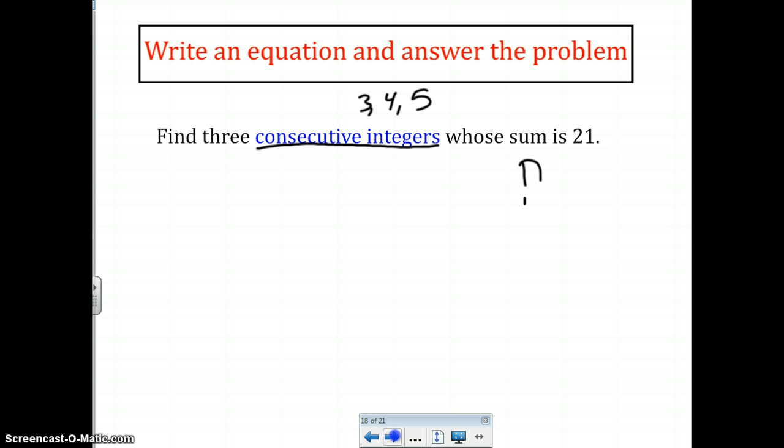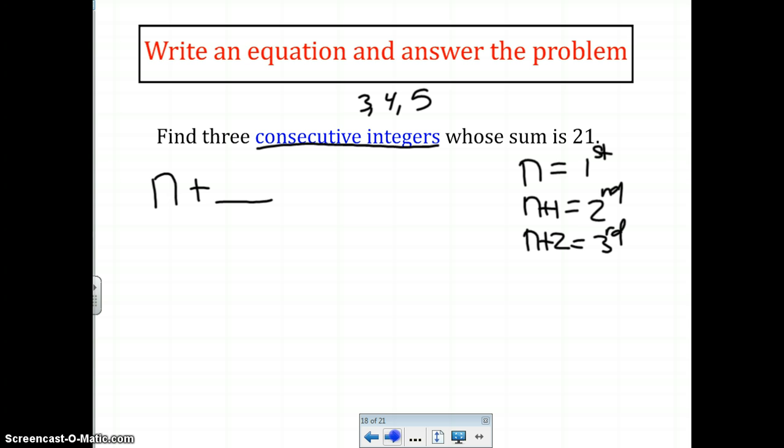But in that situation, I'm only adding 1 to get to my second integer, and to get to my third integer, I'm adding 2. I'm going to take that information to write my equation: n plus my second integer, n plus 1, plus my next integer, n plus 2.